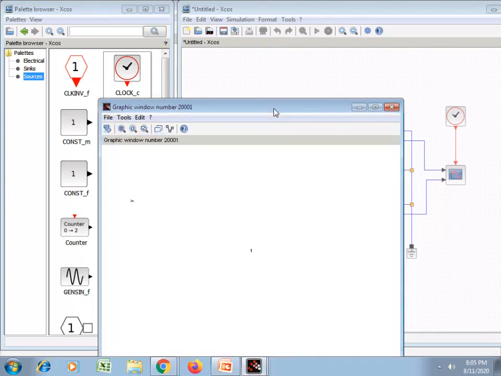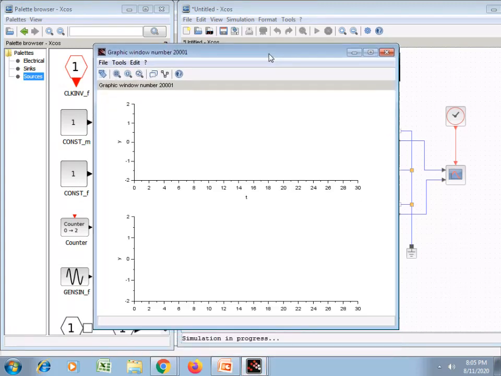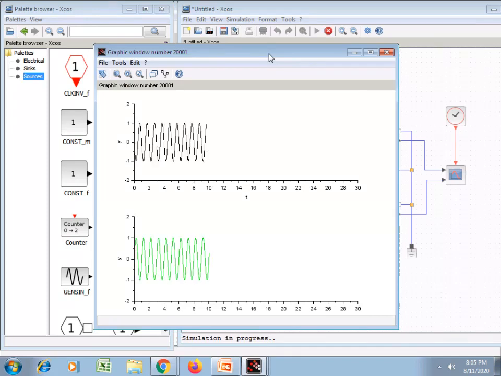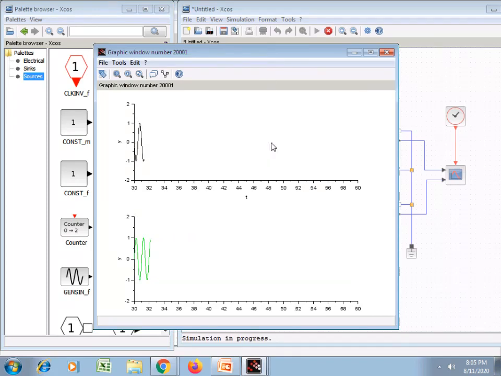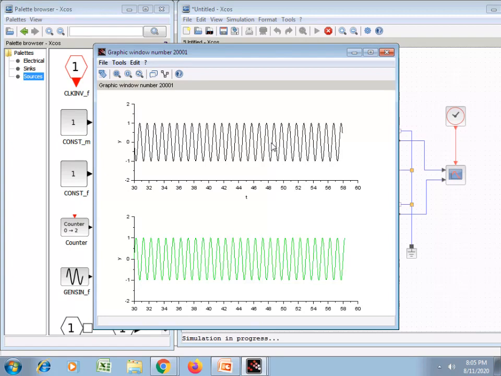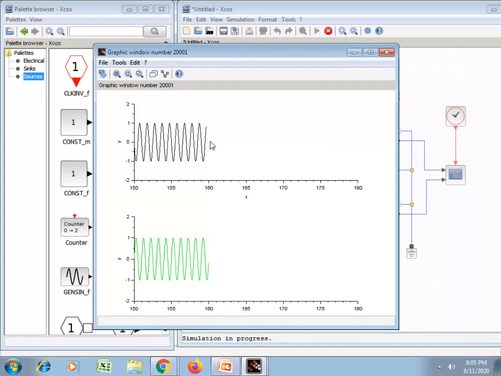So now the graphics window appears on the screen. It is showing both input and output of the amplifier. So this is the input shown by a black waveform and the green waveform for the output.